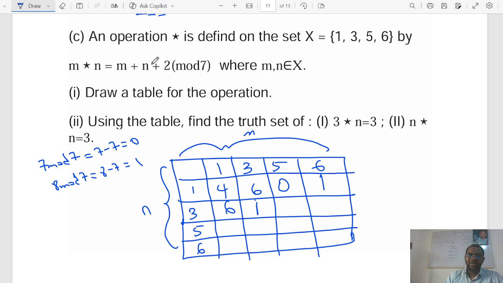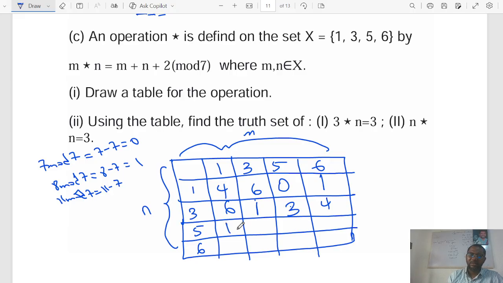That is 5 plus 3, 8. 8 plus 2, 10. I can't write 10 here. I have to subtract 7 from 10. That makes here 3. Then here is 6 star 3. 6 plus 3, 9, 9 plus 2, 11. 11 mod 7 is 11 minus 7, which is 4. So this is 4.